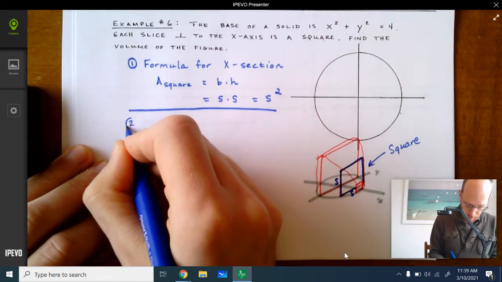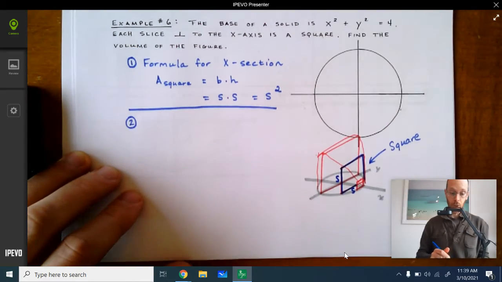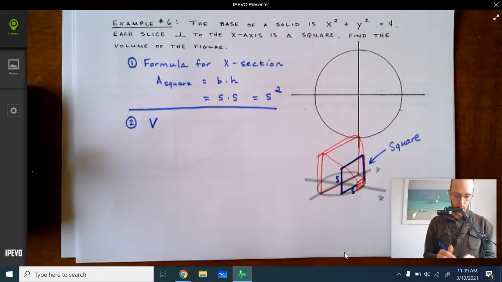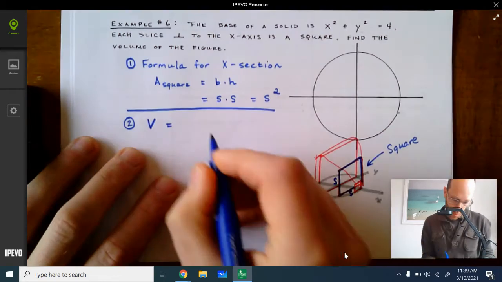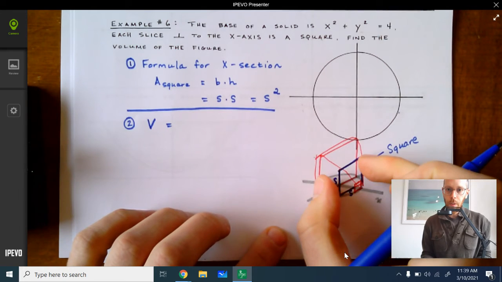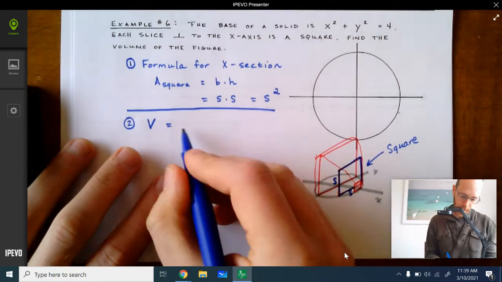Step 2 is to think about where your volume would come from. In this case, the volume of our paperweight is going to be equal to what we get when we add up all the little squarey cross sections.